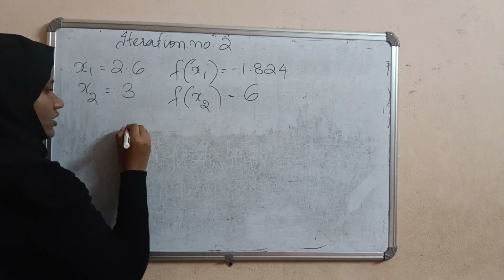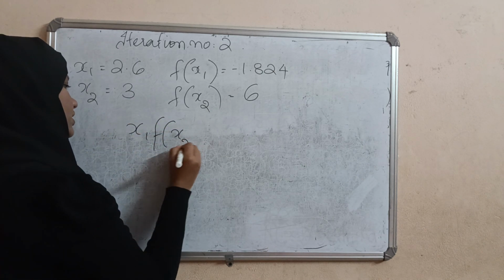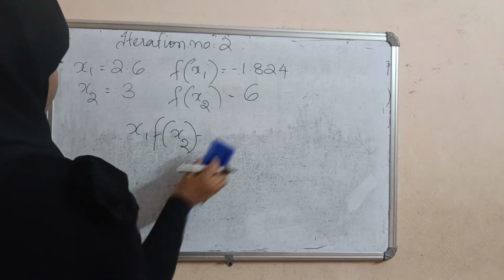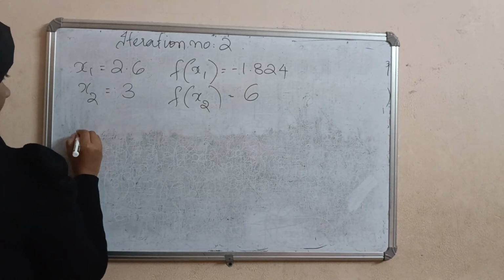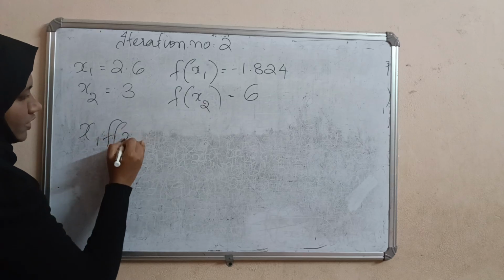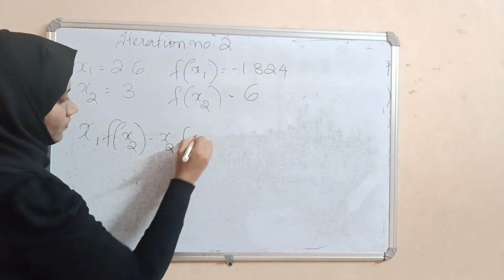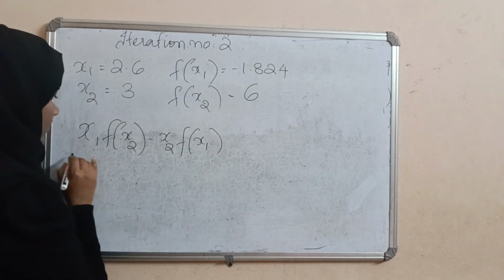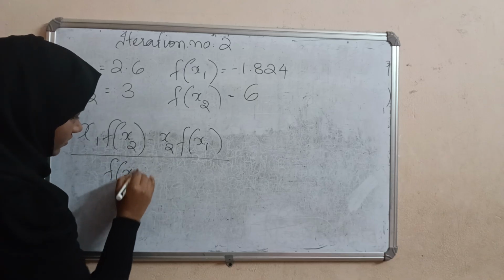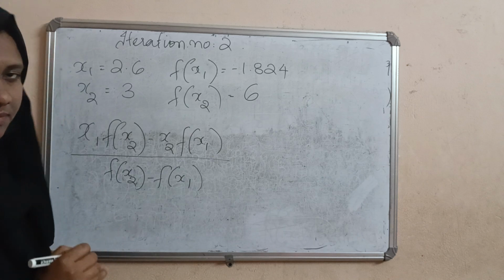How? Our equation is x1 into f of x2 minus x2 into f of x1, the whole divided by f of x2 minus f of x1.